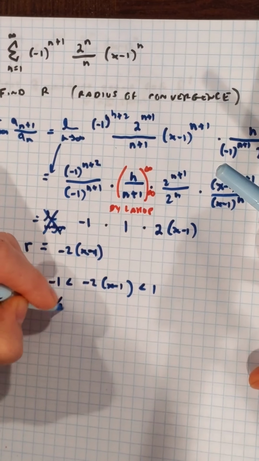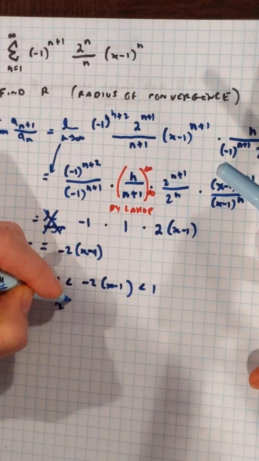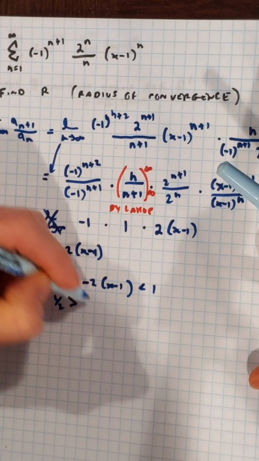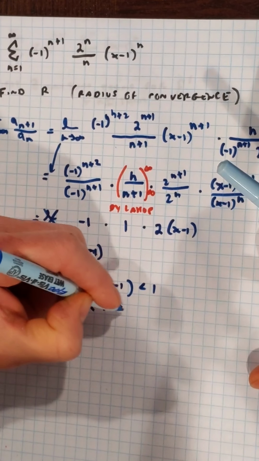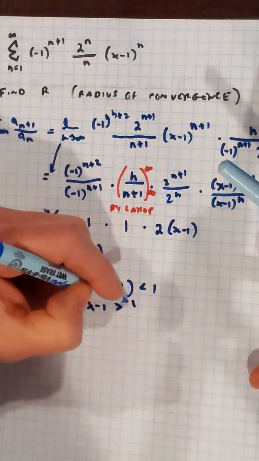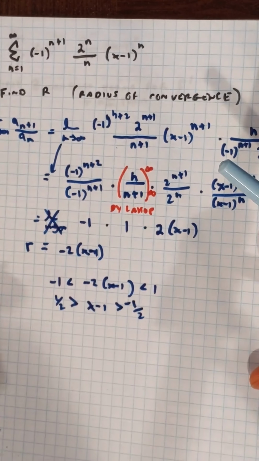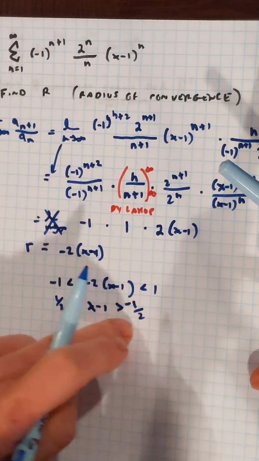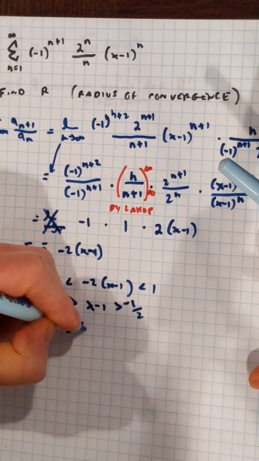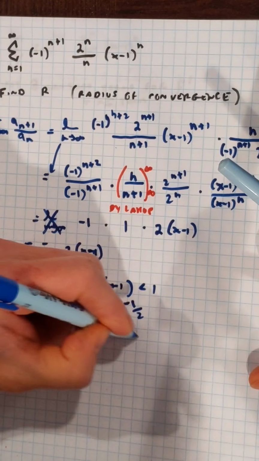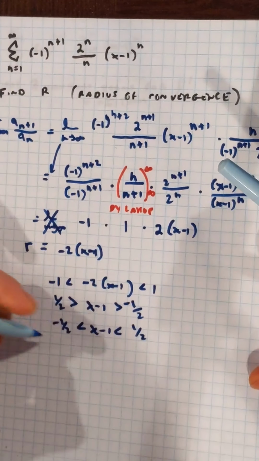Gives me 1/2. Now the symbol must switch because I've divided by a negative. And this was a bad order for this, so I'm going to switch the 2. Add 1.